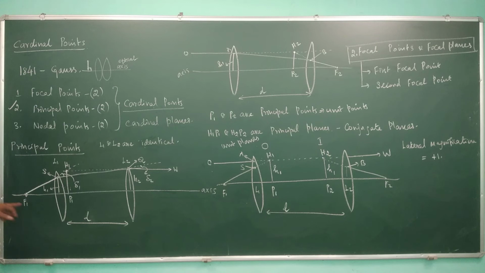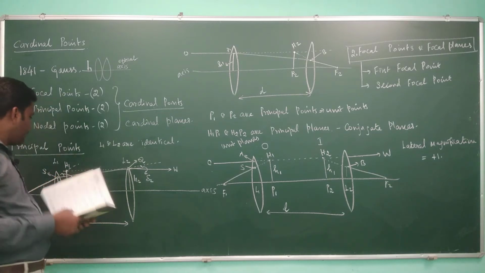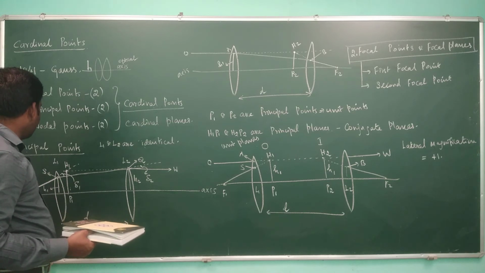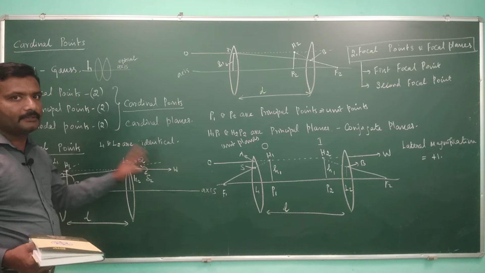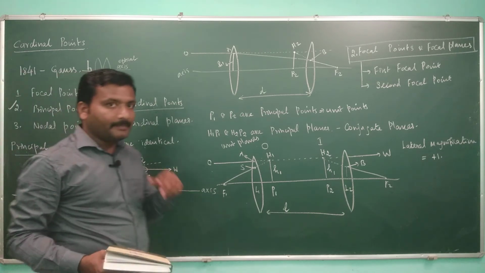See, the first focal point is a point from which the light ray originates and it will travel parallel to the optical axis after refraction. Let me repeat again.